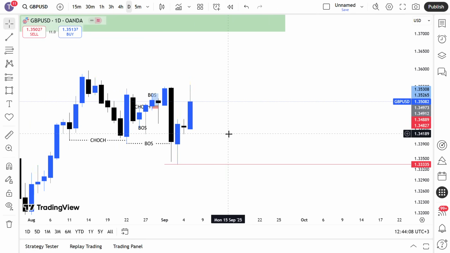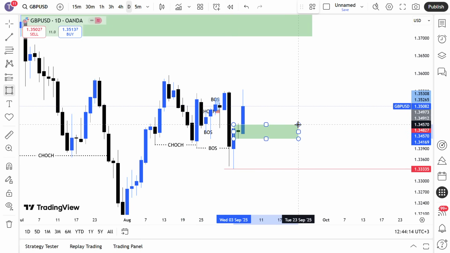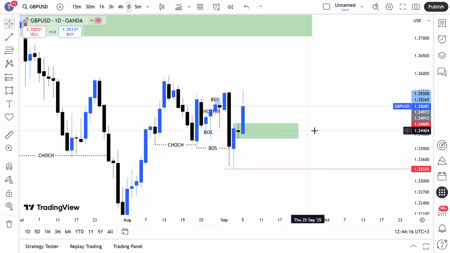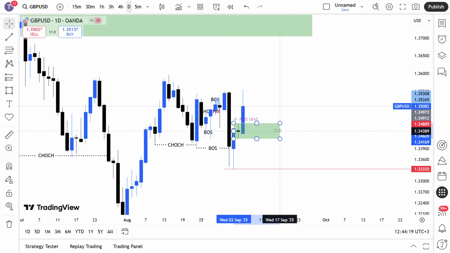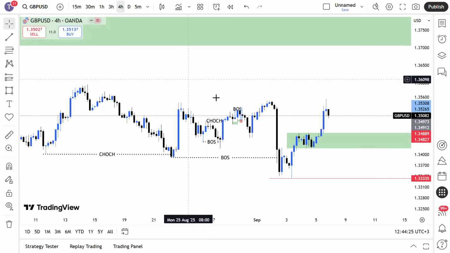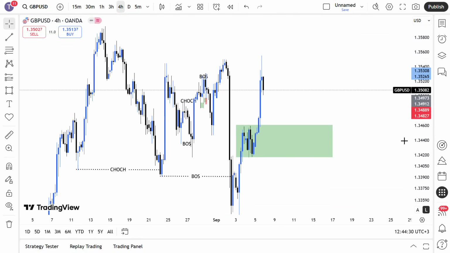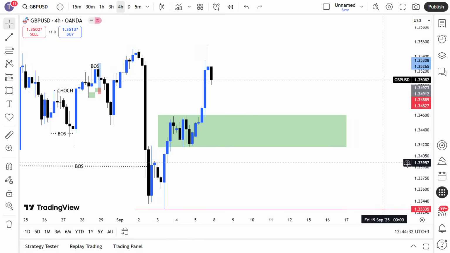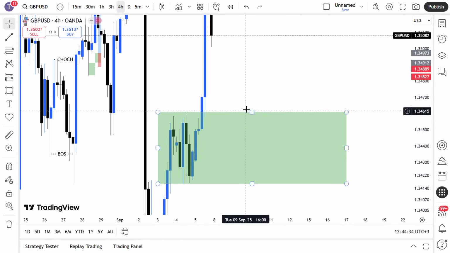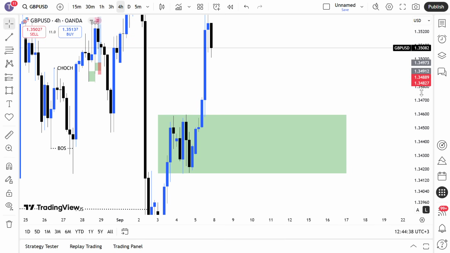So in this case here, there is a daily order block, and I expect the market to retest this order block before we have any reaction and any judgment of how the market will be behaving. So going back to the 4-hour time frame, the order block that I've marked from the daily time frame is here, and let me try to adjust it so that it can be very clear. So that is the order block from the daily time frame.